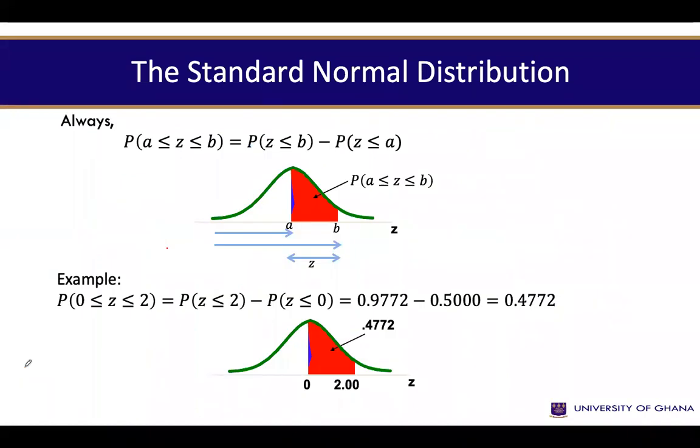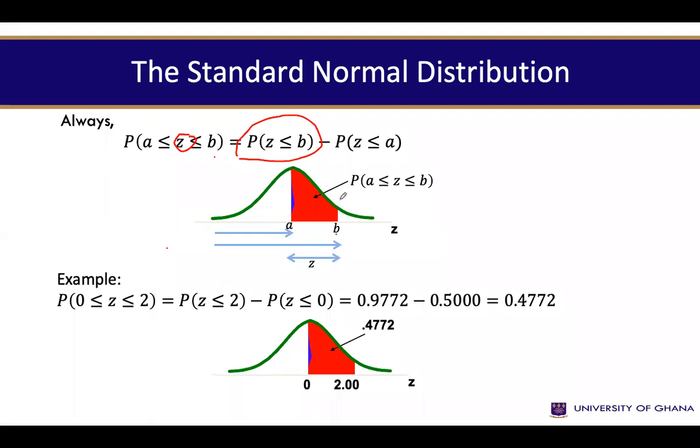Assuming you have the probability that z lies between a and b, you first evaluate the normal distribution curve at point b, that is the probability that z is less than or equal to b, taking from negative infinity until you get to b.